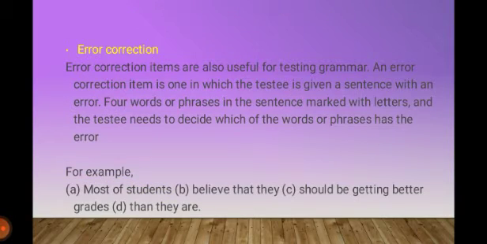Next, error correction. Error correction items are also useful for testing grammar. An error correction item is one in which the testee is given a sentence with an error, and a word or phrase in the sentence is marked with a letter, and the testee needs to decide which word or phrase has the error.